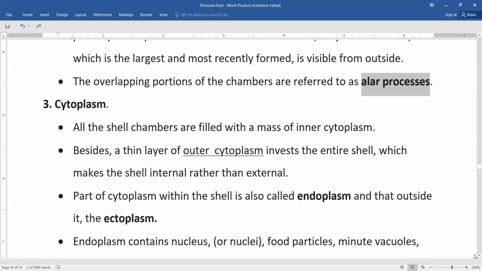Overlapping portions are alar processes, whereas the concave surface of each chamber contains smaller elevations. They are called retral processes. As usual, all the shell chambers are filled with a mass of inner cytoplasm, besides a thin layer of outer cytoplasm.